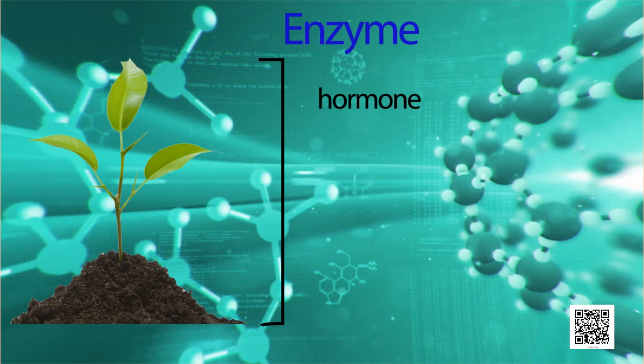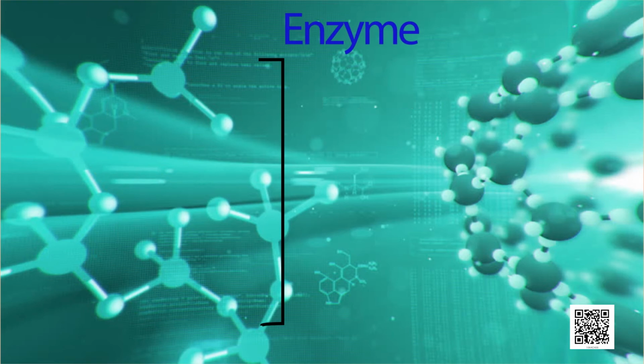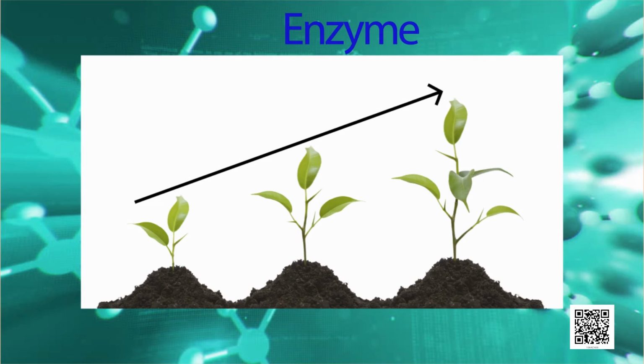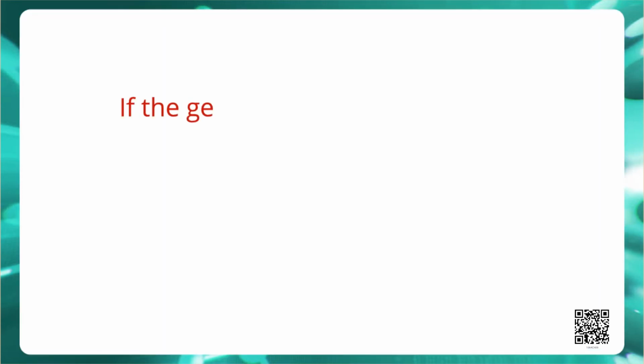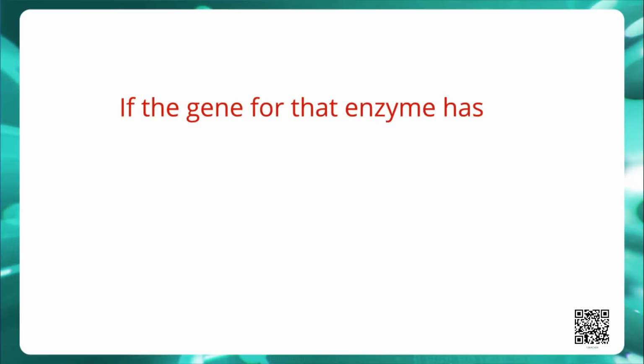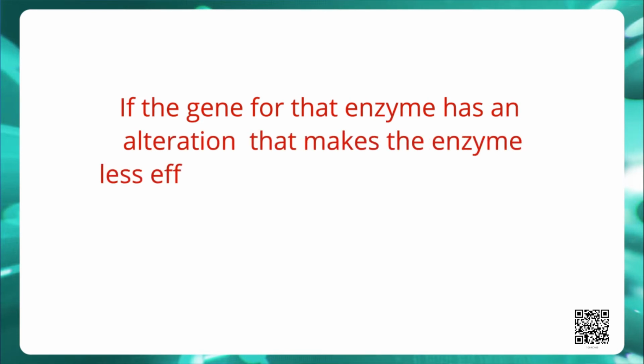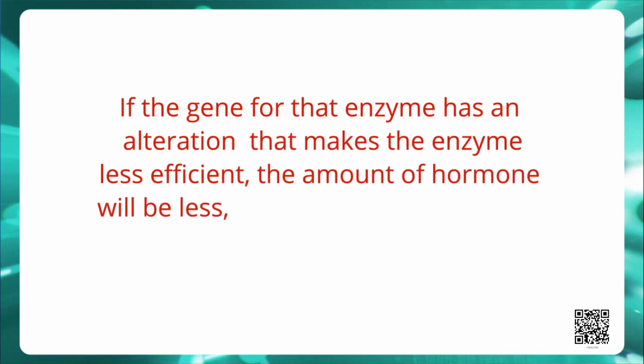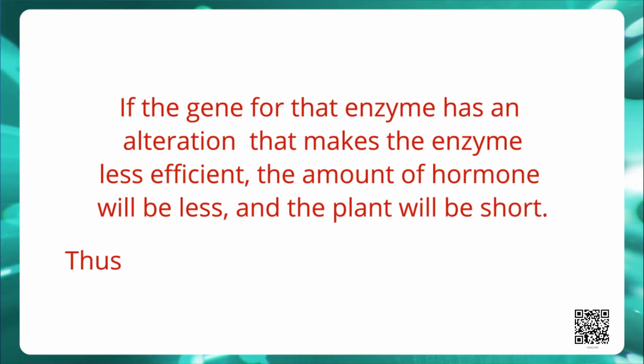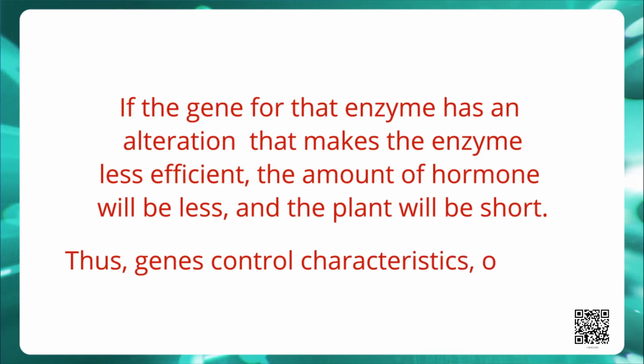If it works efficiently, a lot of hormone will be made and the plants will be tall. But if the gene for this enzyme has an alteration, that will make the enzyme less efficient and less amount of hormone will be produced. This will make the plant short. Thus, we conclude that genes control the characteristics or the traits.